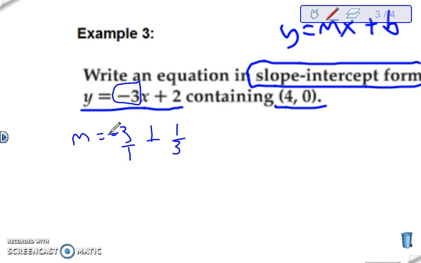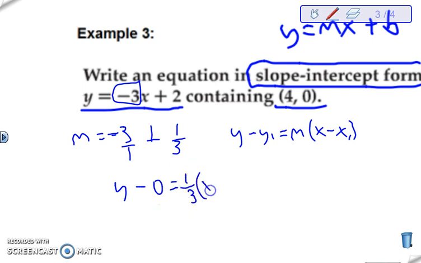So since I don't have the y-intercept given to me, I will use the point slope formula. So it's y minus y1 equals m times x minus x1. So when I plug it in, I'm going to take the coordinates from the point they gave me and the slope that I just figured out and plug it in. Again, the problem asked us to write it as a slope-intercept form.